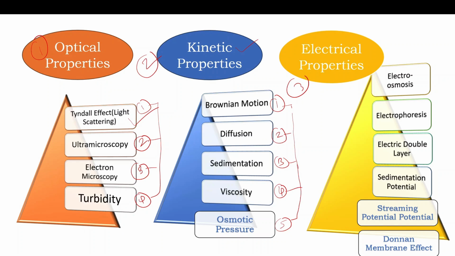And in the electrical properties, first is electroosmosis, second is electrophoresis, third is the electrical double layer, fourth is sedimentation potential, fifth is streaming potential, and sixth is the Donnan membrane effect. So these are the six properties of the electrical properties of the colloids.